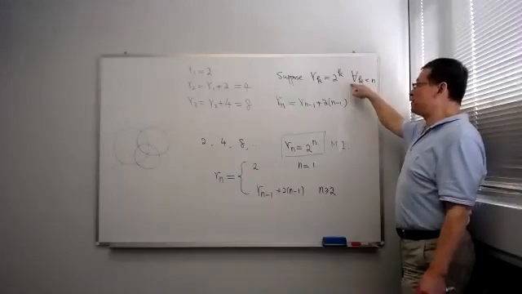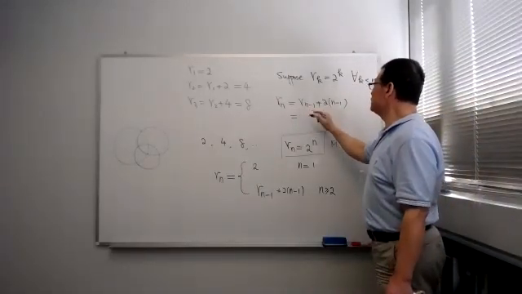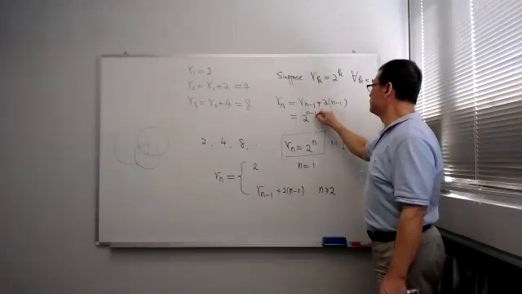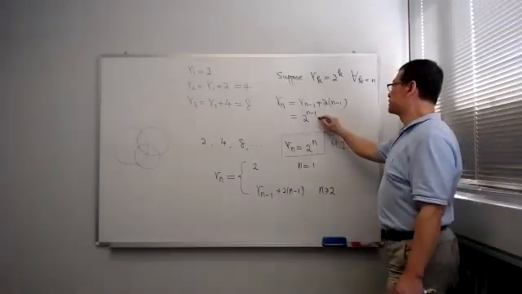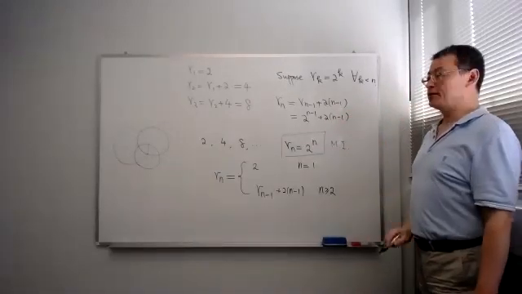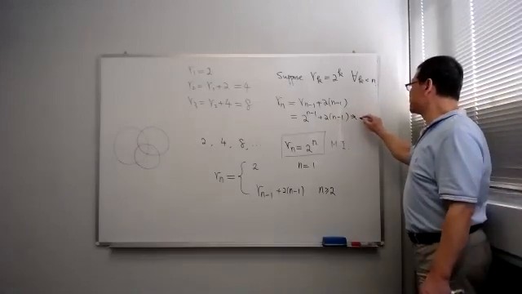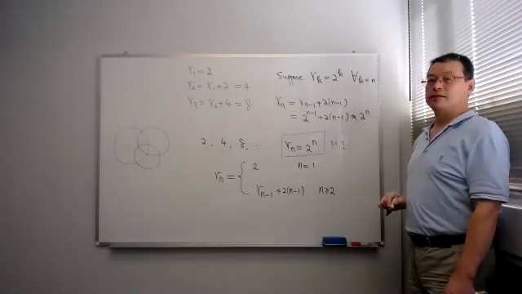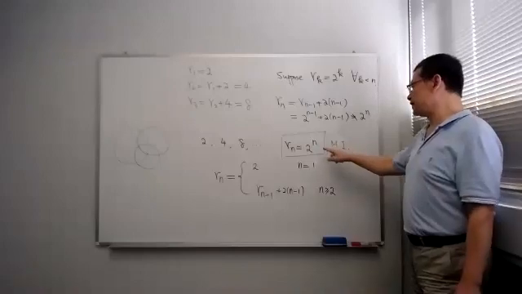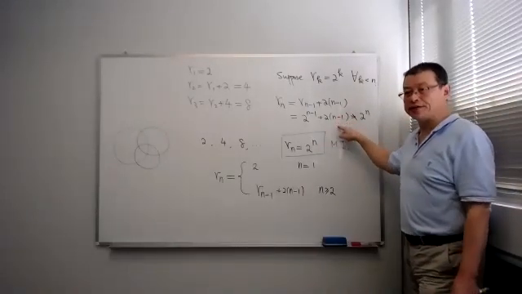Now using the induction hypothesis, what we have here is 2 to the n minus 1 plus 2n minus 1. So that's what we want to get. But certainly this cannot equal 2 to the n. So we see this one cannot be the correct answer when we try to use induction to prove it.